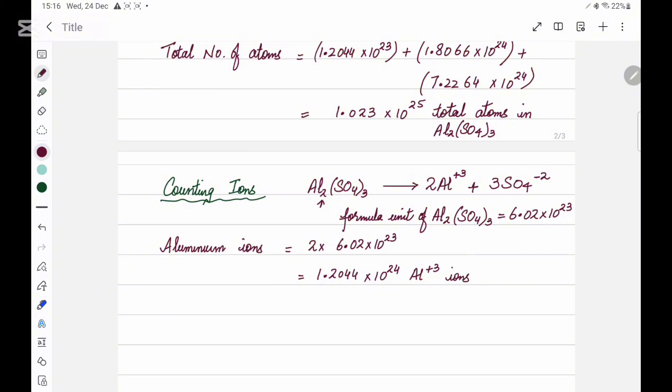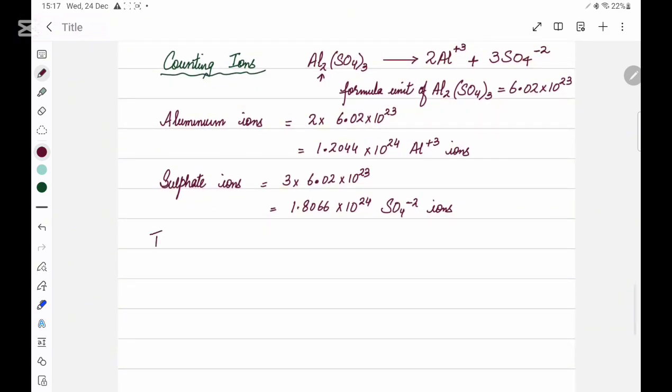If I want to find the sulfate ions, that is going to be 3 times 6.02 times 10 raised to power 23, and that is going to be 1.8066 times 10 raised to power 24 sulfate ions.